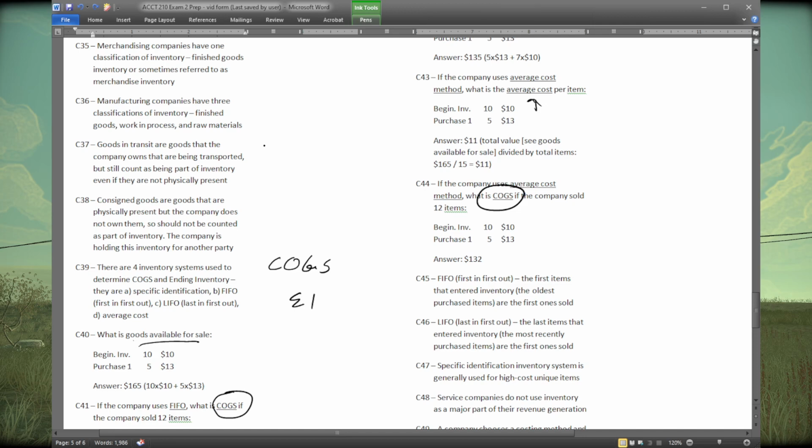The inventory equation is beginning inventory plus purchases equals COGS plus ending inventory. My handwriting's getting worse.